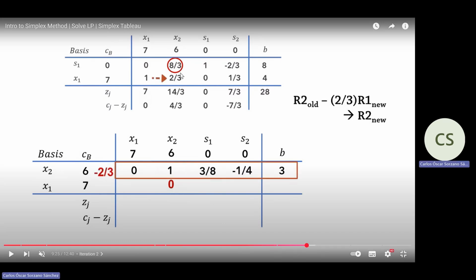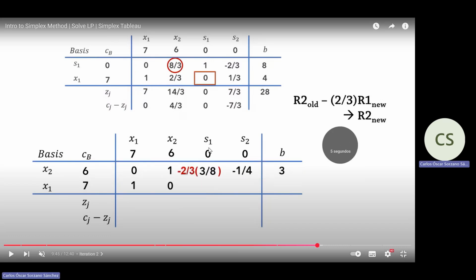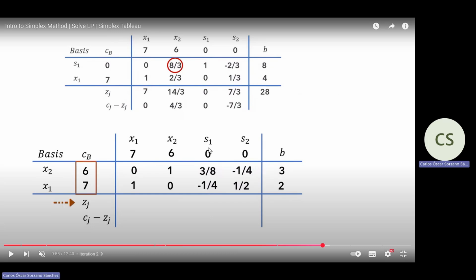So the new row will be the old one minus 2/3 of the new first row. That is the solution. And now we have this part of the matrix. It is not exactly identity, but it is only made of zeros and ones, and only one 1 in each one of the rows.